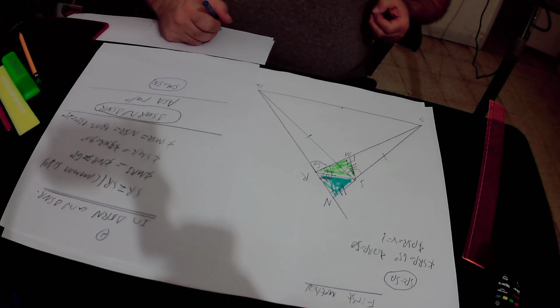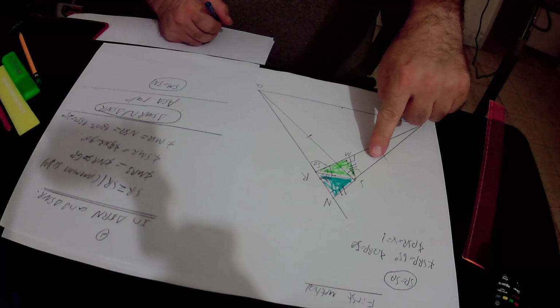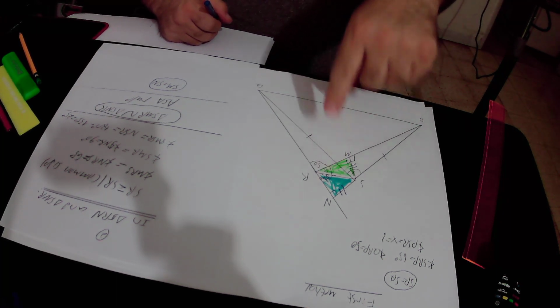So in the next step, we will focus on the right triangle, triangle SMP, this triangle, and on the right triangle, triangle SNP, this triangle.